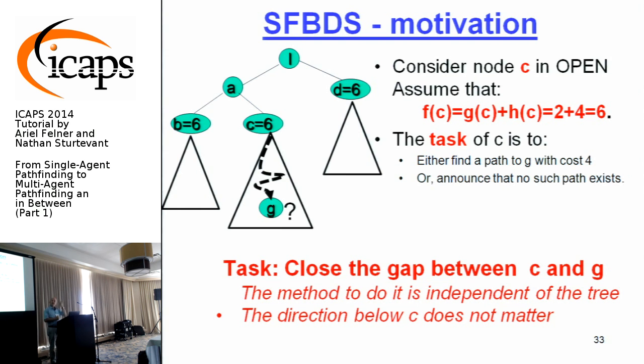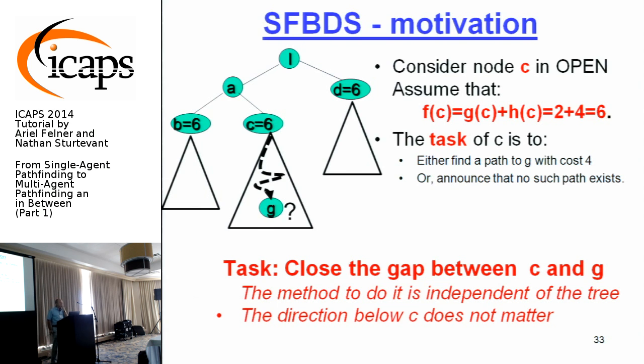In particular, the direction that I search: we are used to searching from C to G, but for this sub-tree, maybe I can reverse the direction of the search and search from G to C. As long as I pass information to my parent and to the tree in the same way, it is independent. It doesn't matter. It's a black box.